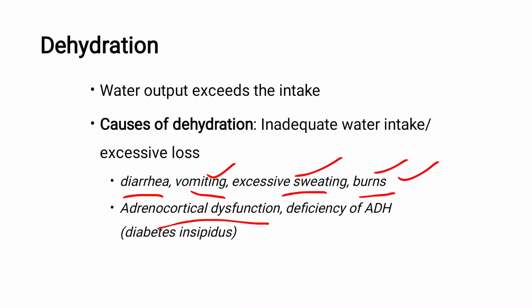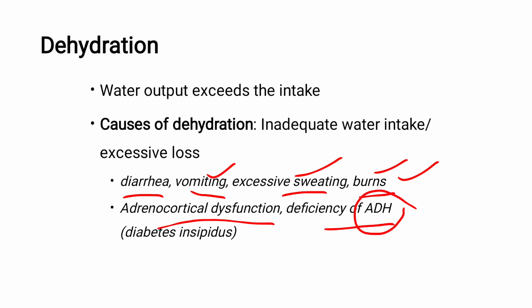Adrenocortical dysfunction and deficiency of ADH can also lead to dehydration. Adrenocortical dysfunction, because the adrenal cortex is responsible for production of aldosterone, and in case of any abnormalities of aldosterone, there may be loss of water. And deficiency of ADH.